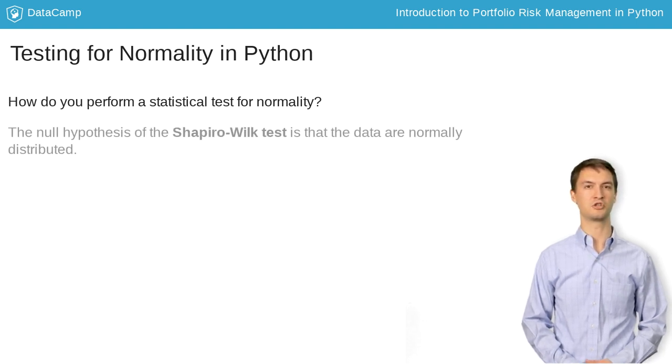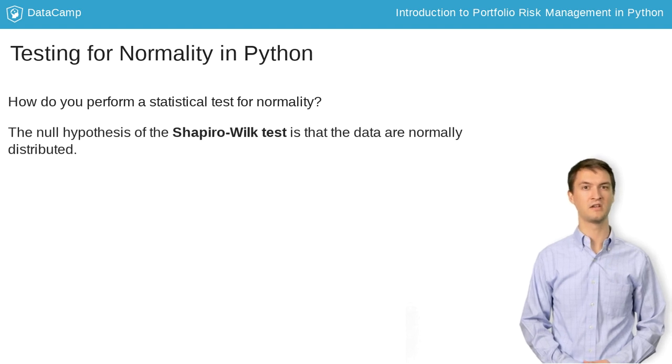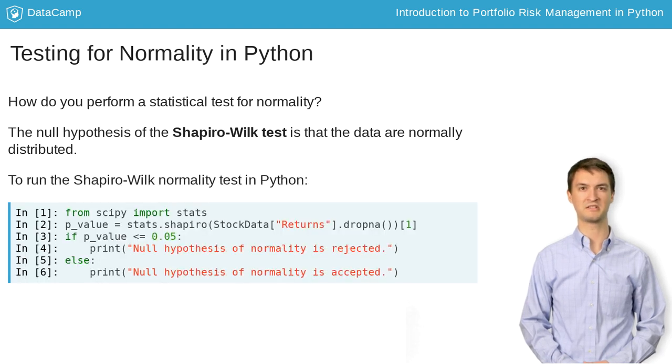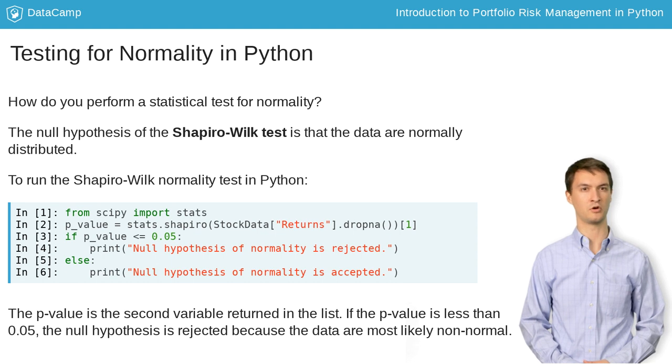You can use the Shapiro-Wilk statistical test to estimate the probability that the data is normally distributed. The null hypothesis of the Shapiro-Wilk test is that the data are normally distributed. And when the p-value returned is less than or equal to 0.05, that means you can safely reject the null hypothesis and assume that the data are non-normal.